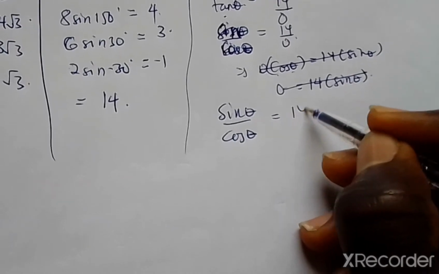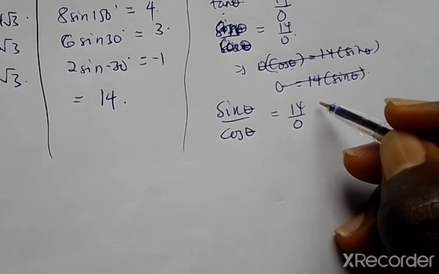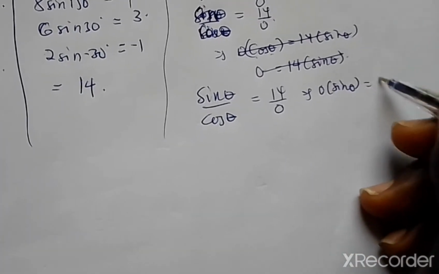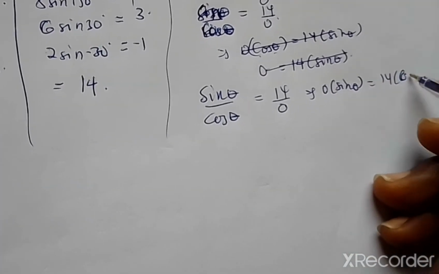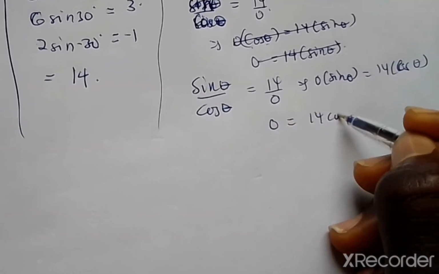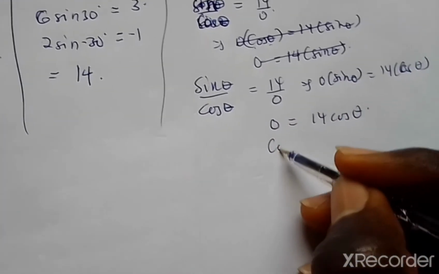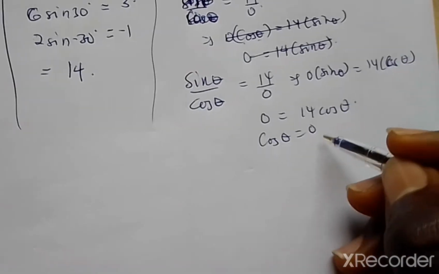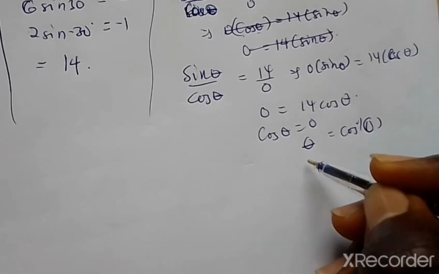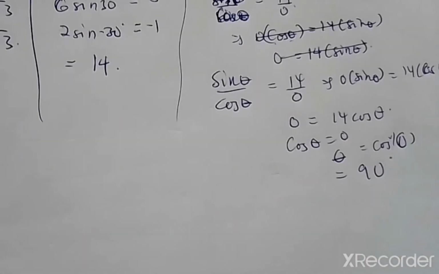So that will be equal to 14 over 0. When you cross multiply, you get 0 multiplying the sin theta equal to 14 multiplying the cos theta. So you get 0 equal to 14 cos theta. Then our cos theta will be equal to 0. So our theta, which is equal to cos inverse of 0, is simply 90 degrees.